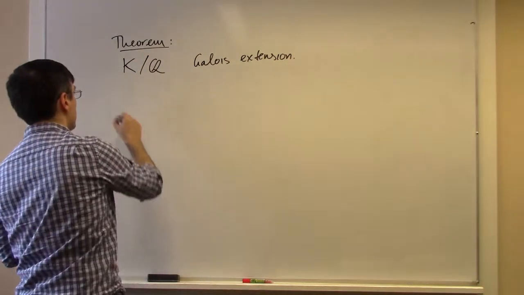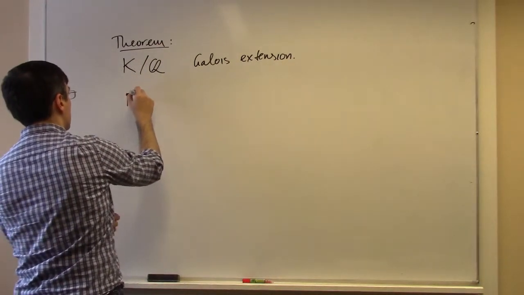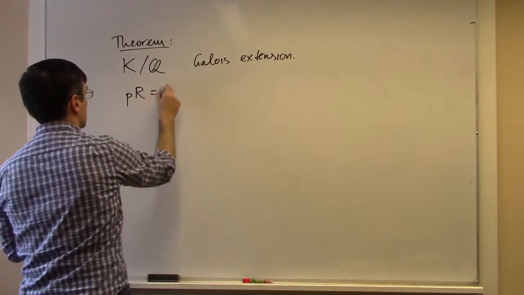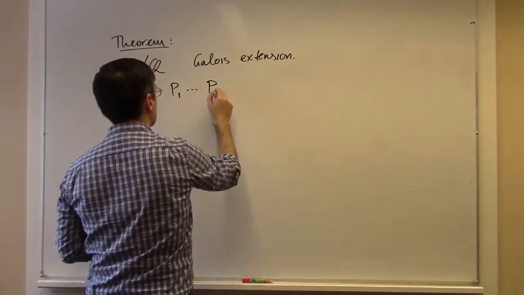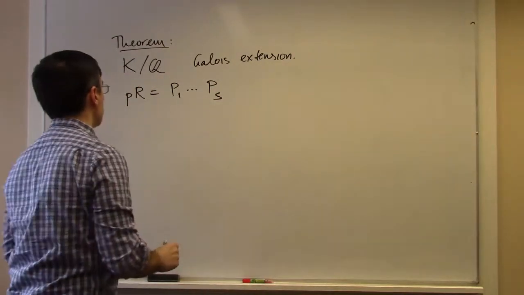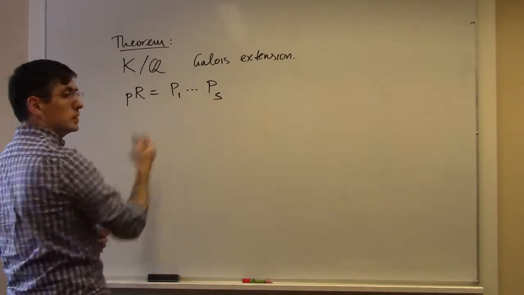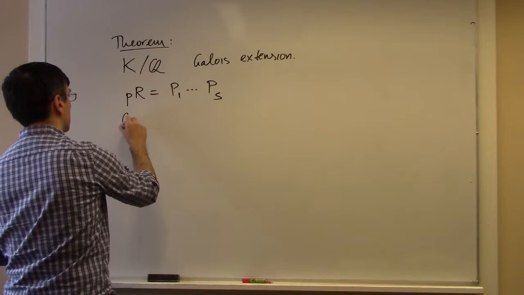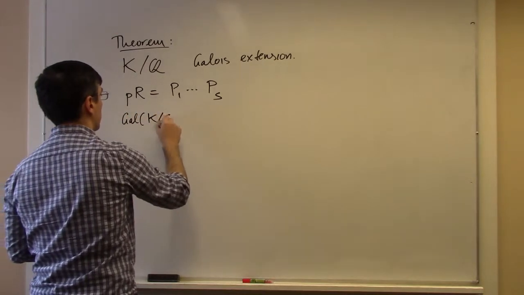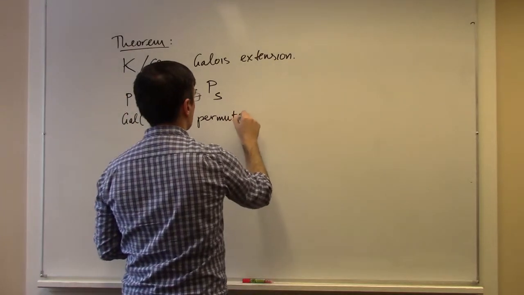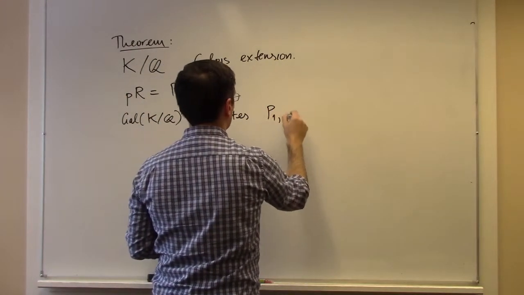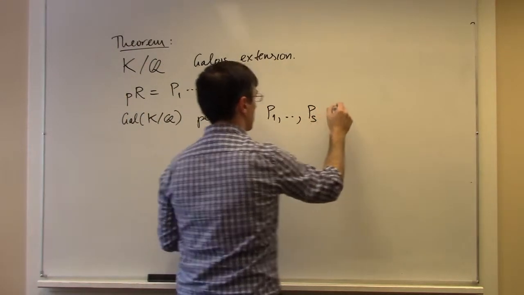And then p R is P1 through Ps. So p splits into these primes. Then the Galois group permutes P1 through Ps transitively.